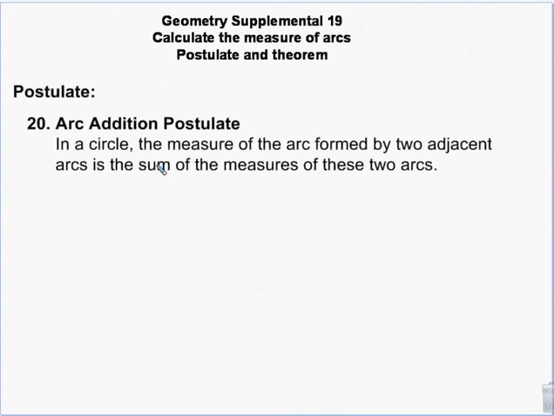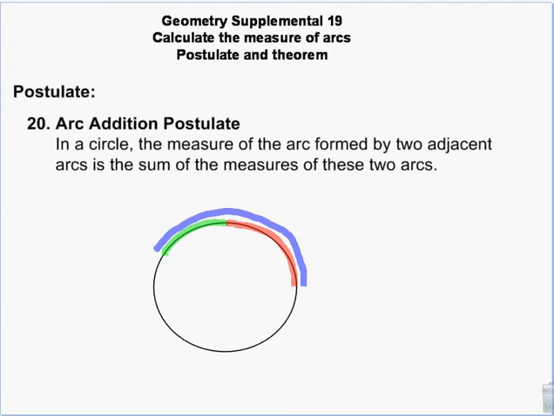Arc addition postulate is if you take 2 arcs and they're right next to each other, the length of the first arc plus the length of the second arc equals the length of the total arc. So if I have a circle and I have one arc here and I have one arc here, my new arc is equal to the whole thing.